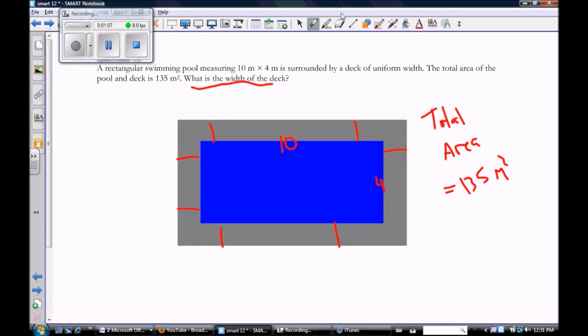So what is that width? Well, I don't know. And in math, when you say I don't know, you write x. So the width of the deck is going to be called x. Right? Because we don't know it, and we need to figure out what it is. So let's clean up this picture a little bit and see what we can do about turning this into some sort of equation.